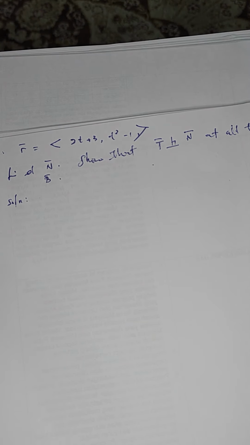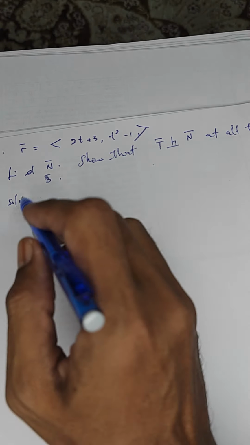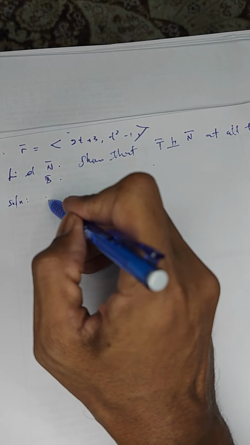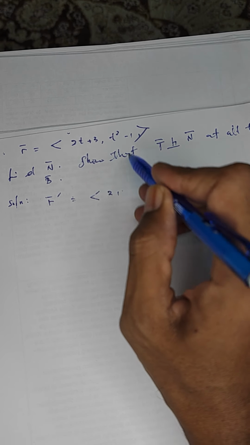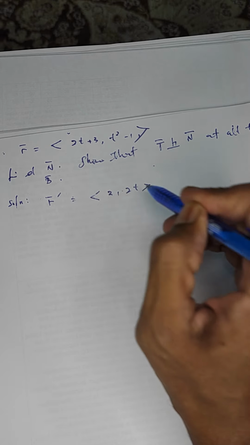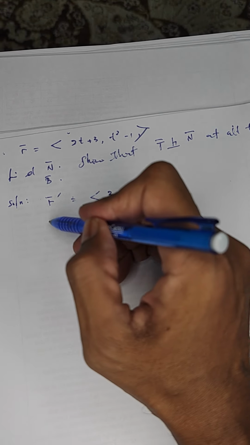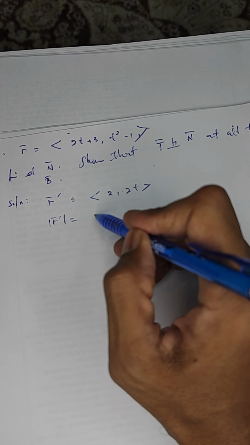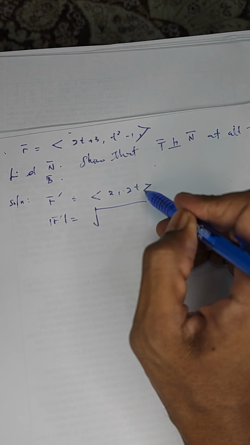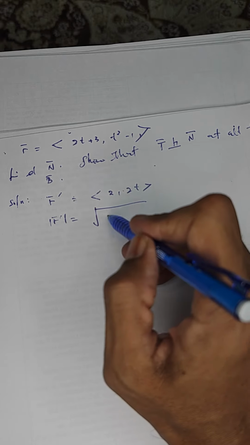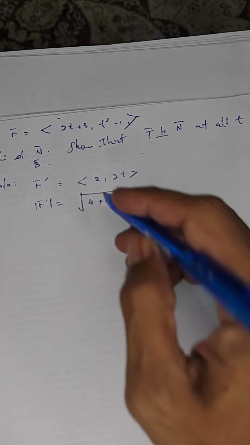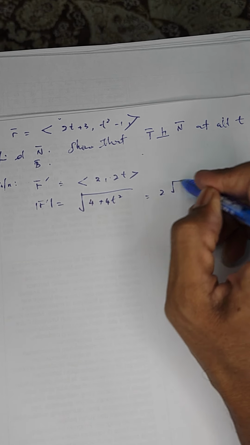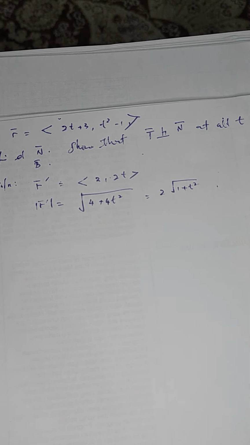Let me put that as extra: find B. Okay, so for the solution, if you differentiate r, r prime gives you 2, 2t. The magnitude of that is the square root of 4 plus 4t squared. Of course I can write this as 2 times the square root of 1 plus t squared.